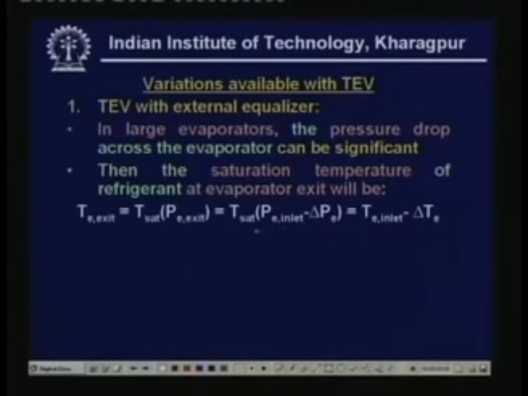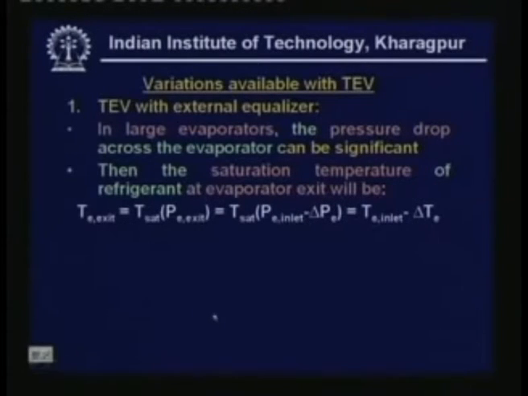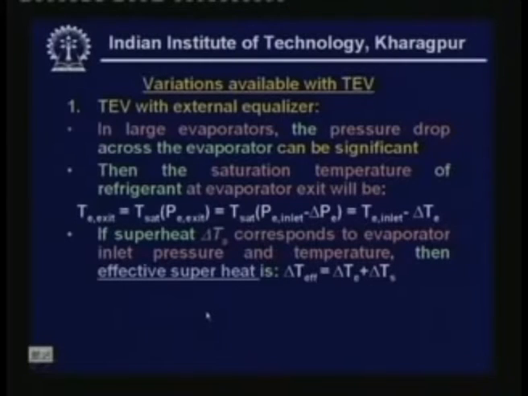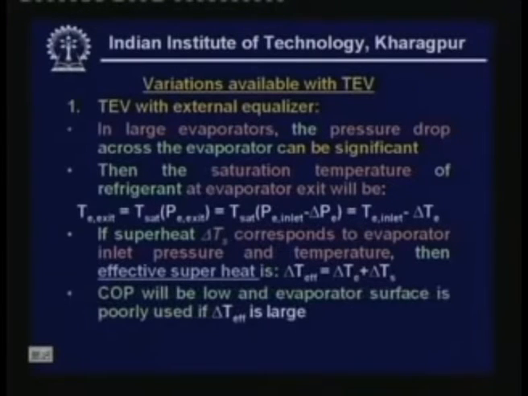Once delta P is very high, this difference will be large, and the exit temperature will be inlet temperature minus some delta T. Okay, and this delta T is proportional to your delta P. So if superheat delta Ts corresponds to evaporator inlet pressure and temperature, then the effective superheat delta T effective is delta Te plus delta Ts. So COP will be low and the evaporator surface is poorly used if delta T effective is large.